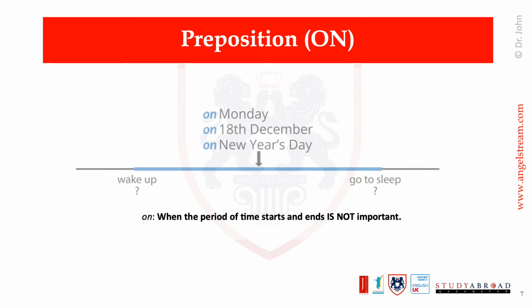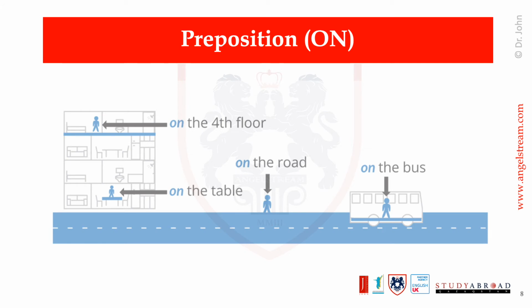If I go to our next slide, which is on, I think this is the simplest of prepositions to use. In my first slides, I said we use on when you are referring to something with a surface. So on the fourth floor, on the table, on the road, or on the bus.